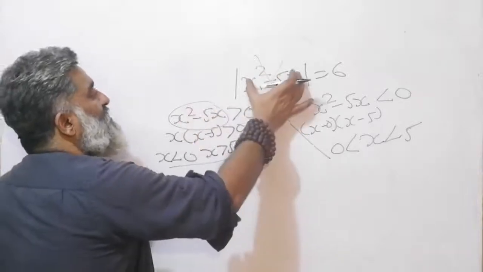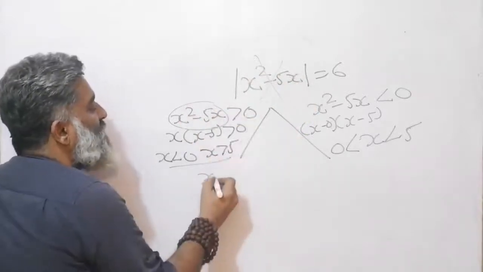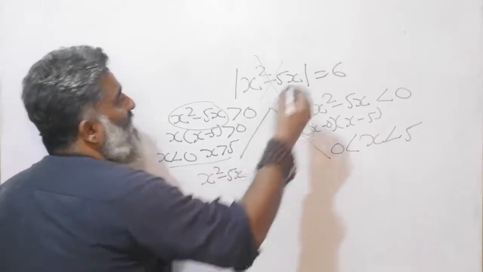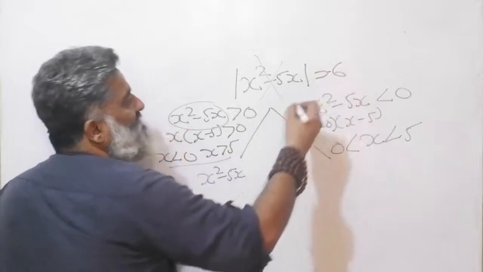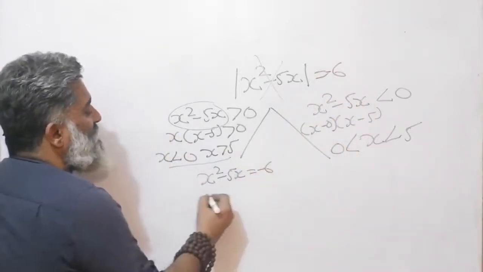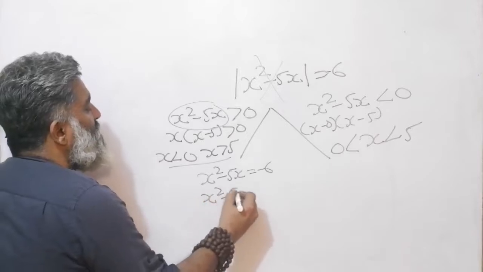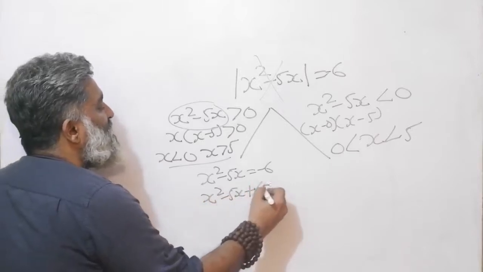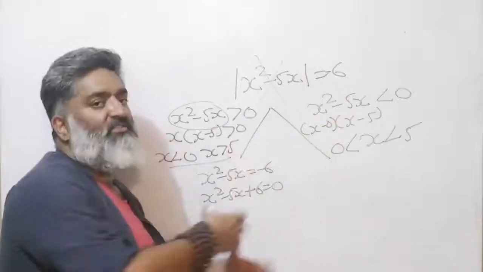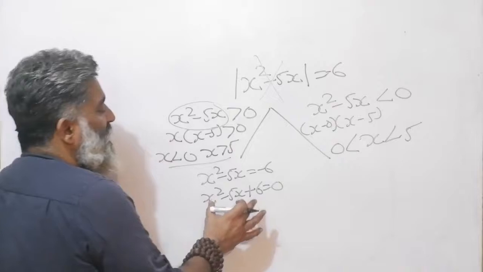If this is the condition, you just copy the equation as you were doing with simple cases, right? X square minus 5x. Let me put in a minus 6 here so that your final result is easy. This is equal to minus 6, and then this becomes x square minus 5x plus 6 is equal to 0. This is just a little bit of cheating, because there is already enough work, let's not overload our brain while learning.